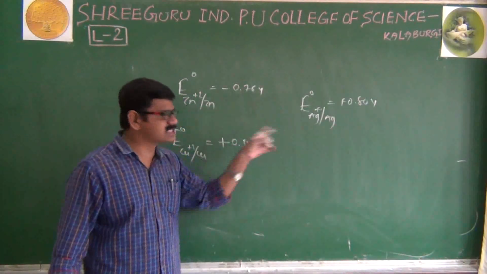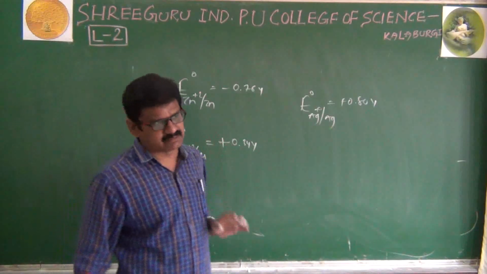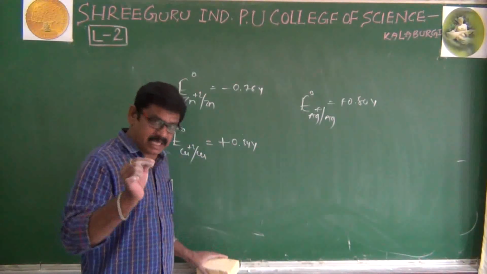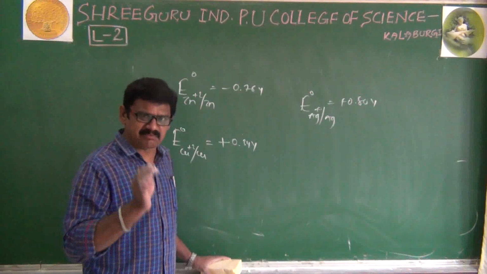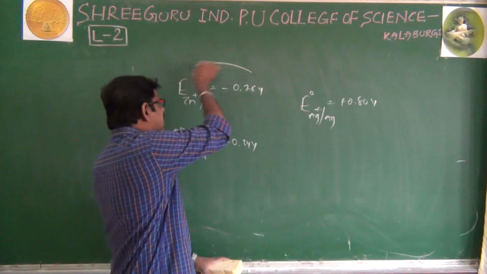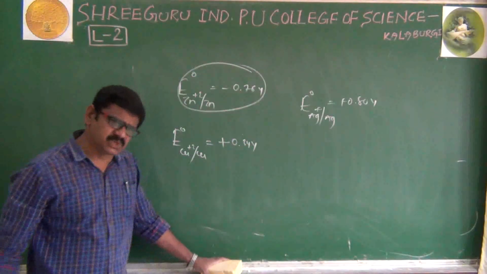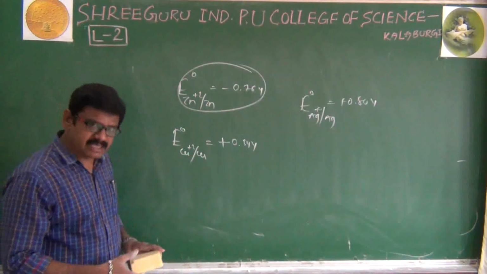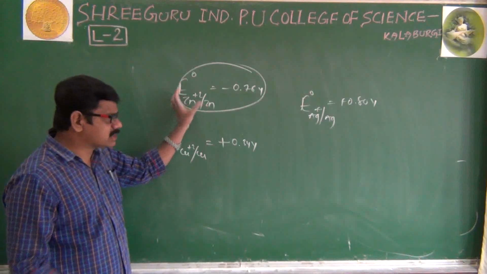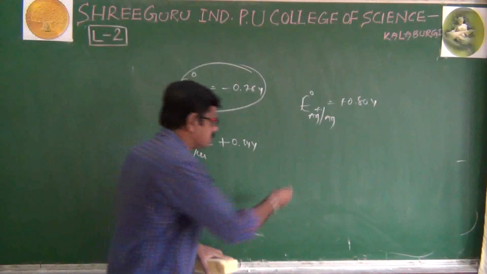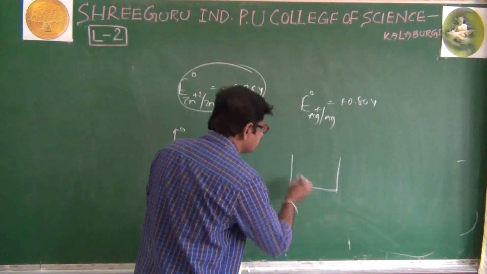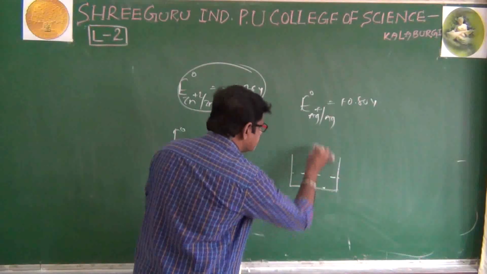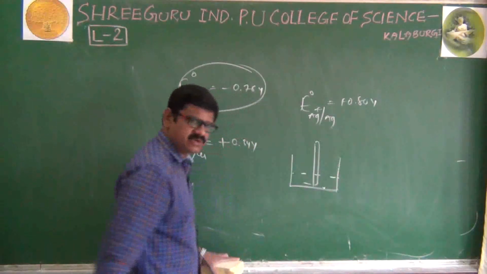Before we discuss that, a very important point is that it is just impossible to measure absolute values of a single electrode potential. Means only the zinc electrode potential, if you take it. Just now you saw a zinc rod dipped in zinc sulfate solution.